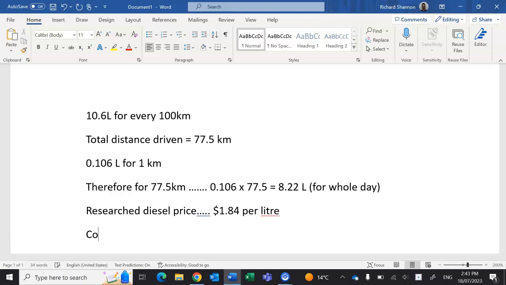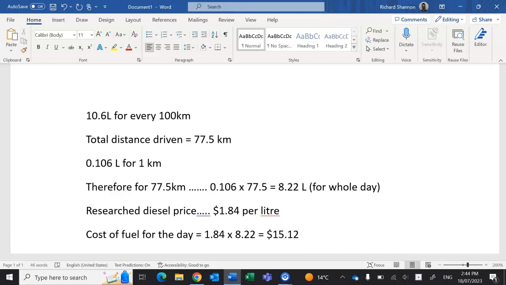Therefore the cost of fuel for the day is $1.84 times 8.22. So it's going to cost $15.12.